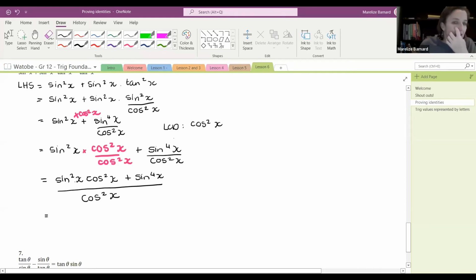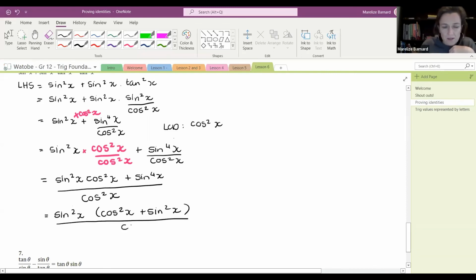So we take out sine squared x now as a common factor. And that gives me sine squared x times cos squared x plus sine squared x over cos squared x. And cos squared plus sine squared is 1, which leaves me with sine squared x over cos squared x.